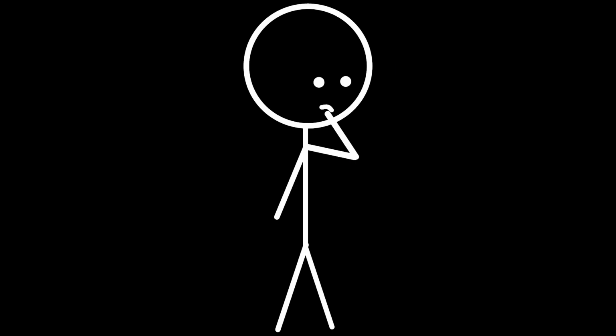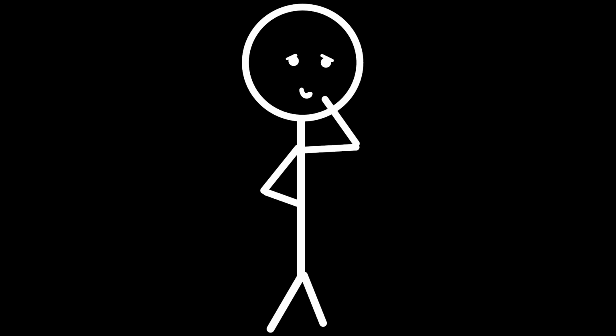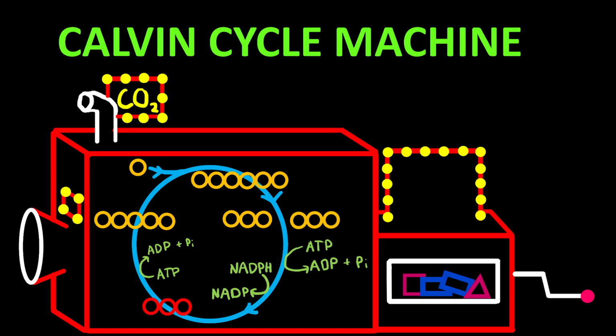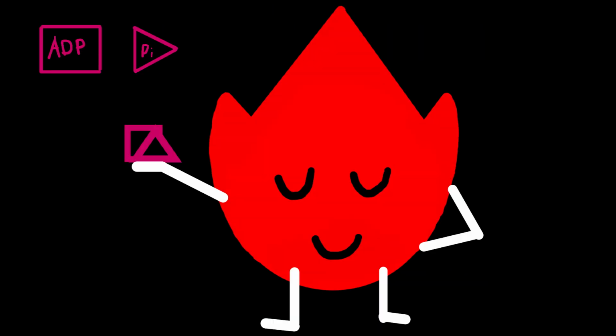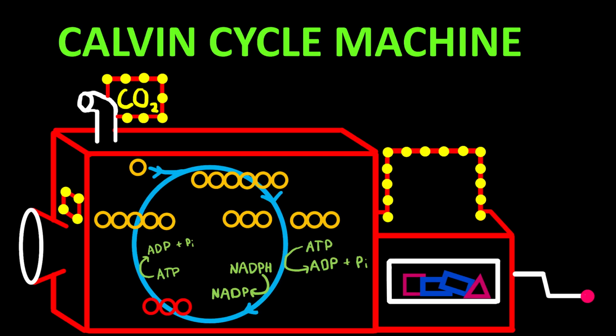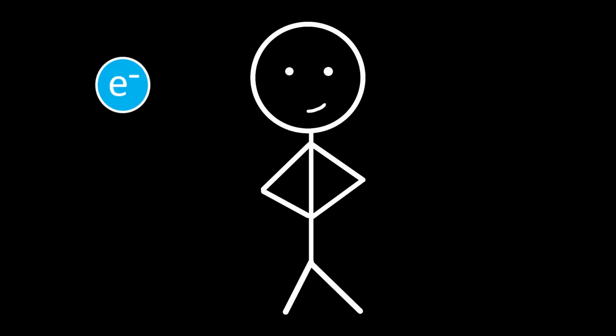It means electrons are added. Get some rest, H2O. Now we need to find NADP and electrons. Found some NADP in the Calvin cycle and some ADP and phosphate groups. Oh, those must have been what was left from the last Calvin cycle. Now we need to find electrons.